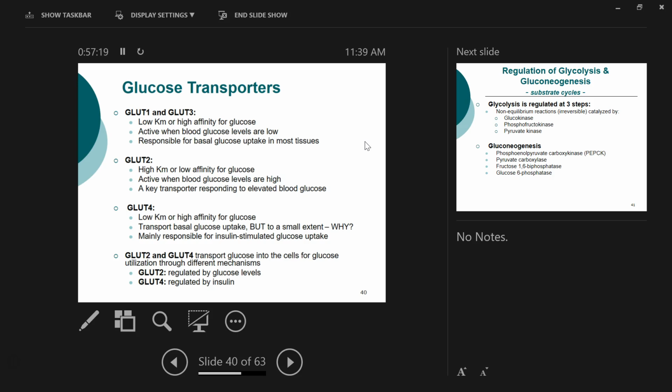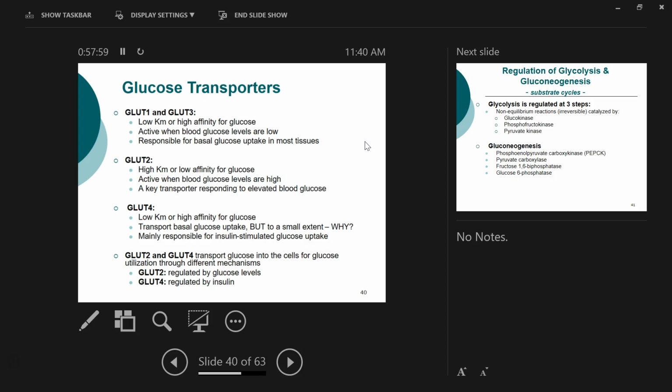So under the basal condition, when we have a lower insulin level, we don't have much GLUT4 on the cell surface available for glucose uptake. So even though it has a high affinity for glucose, we don't have much GLUT4 available on the cell surface without a high level of insulin. So again, the uptake of glucose by GLUT4 depends on insulin. That makes sense? All right.